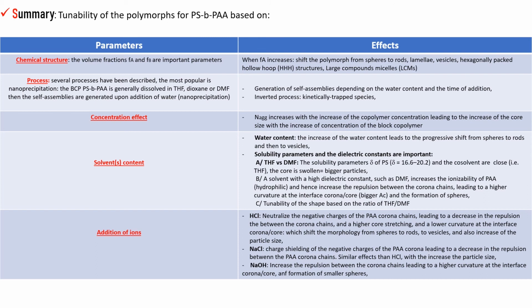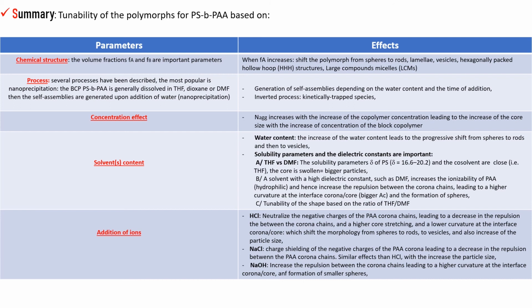NaCl: the charge shielding of the negative charge of the polyacrylic acid corona leads to a decrease in the repulsion of the polyacrylic acid chains. It's a similar effect to HCl, and it also increases the size of particles.